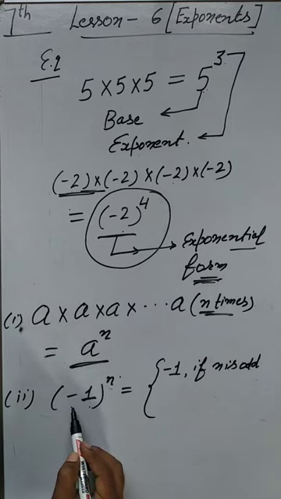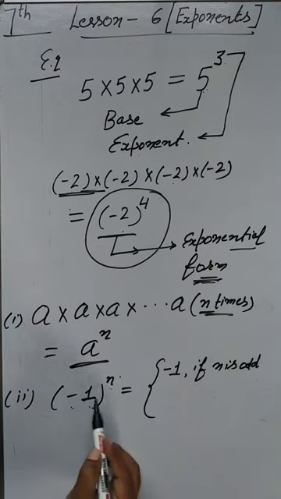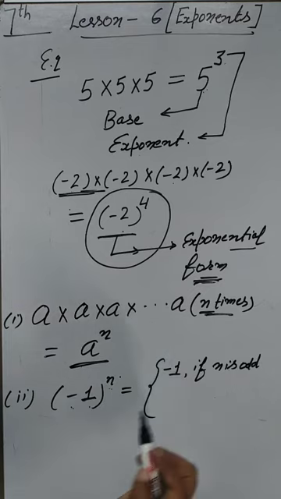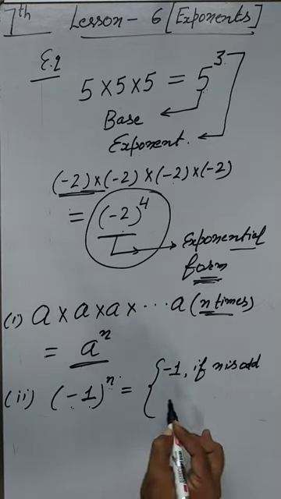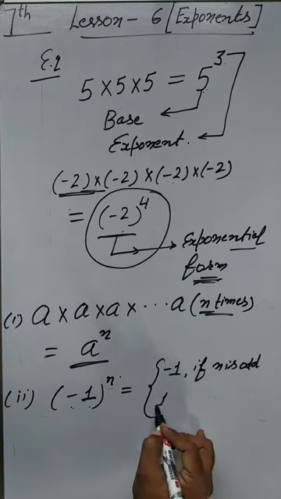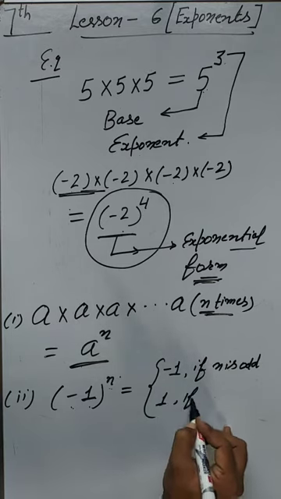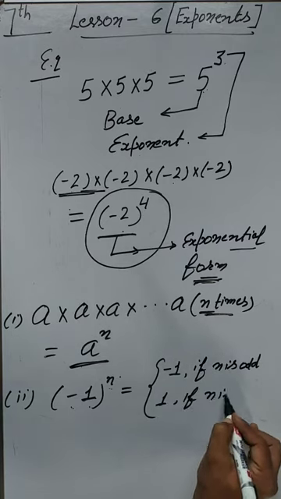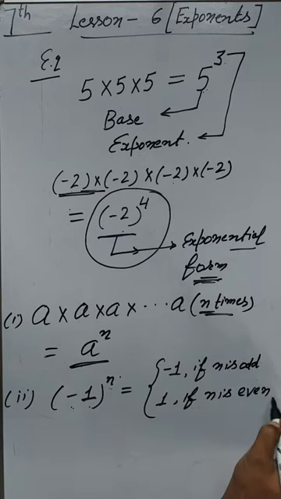Then the power of minus, if odd, will be -1. And if n is even, then it will be equal to +1. Clear, beta?